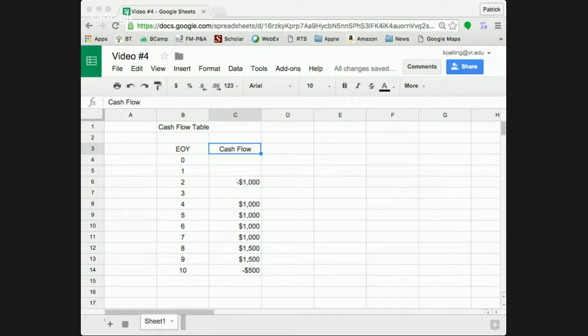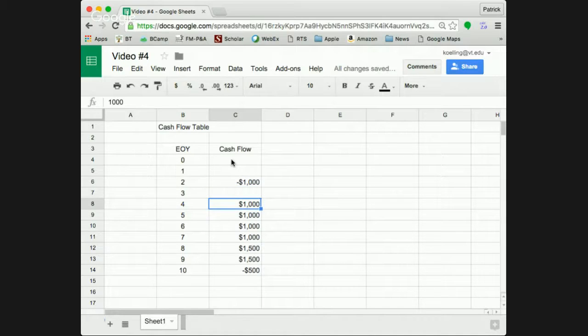table, if you will. And in that cash flow table, we're looking at the cash flows in each of those years. So here at the end of year 2, we have our negative $1,000 cash flow.